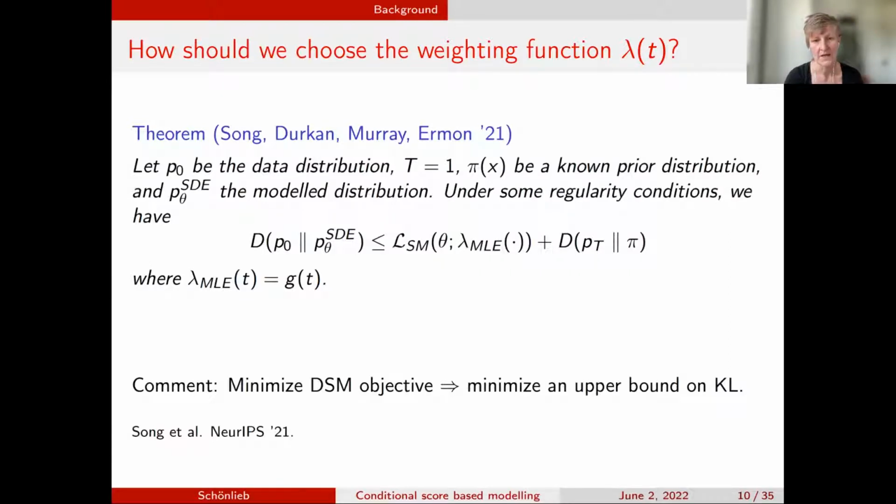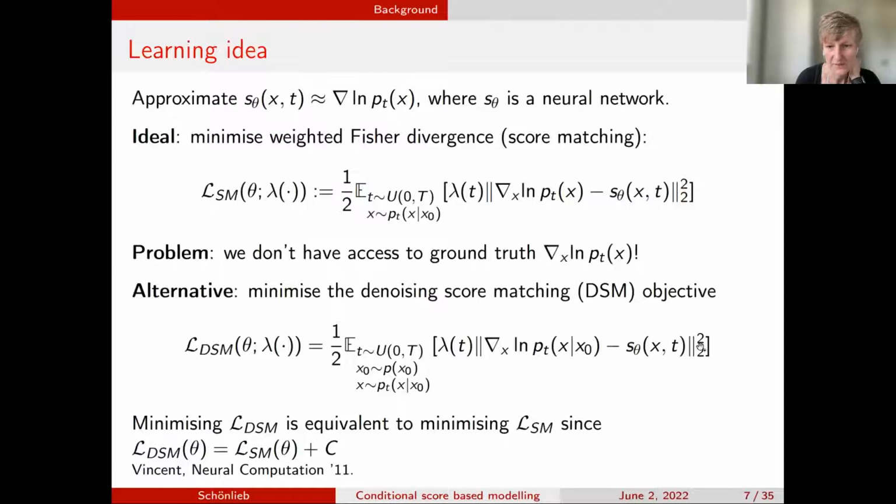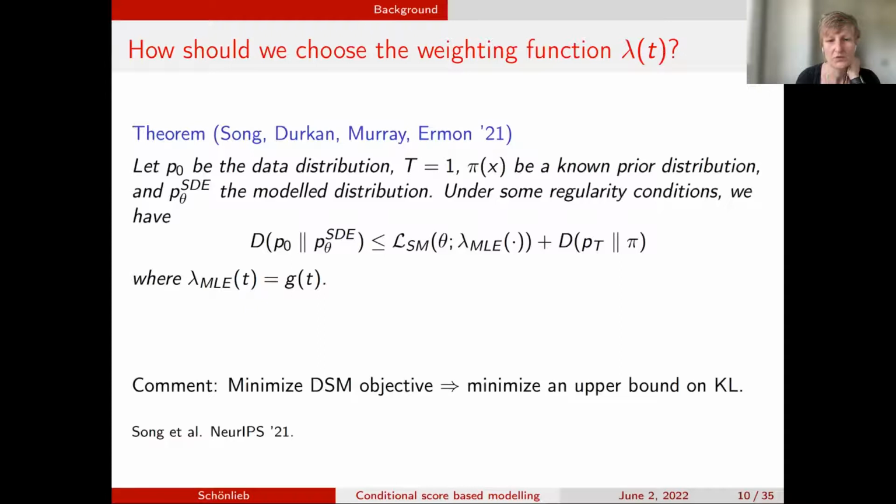So what Song actually proved is that if you choose this lambda_t, which, if you remember, was the weighting in my objective, in the score matching objective that we minimize, equal to the diffusion coefficient g(t), then you can bound the KL divergence between the true distribution of images and the distribution that you get when you sample with this reverse SDE.